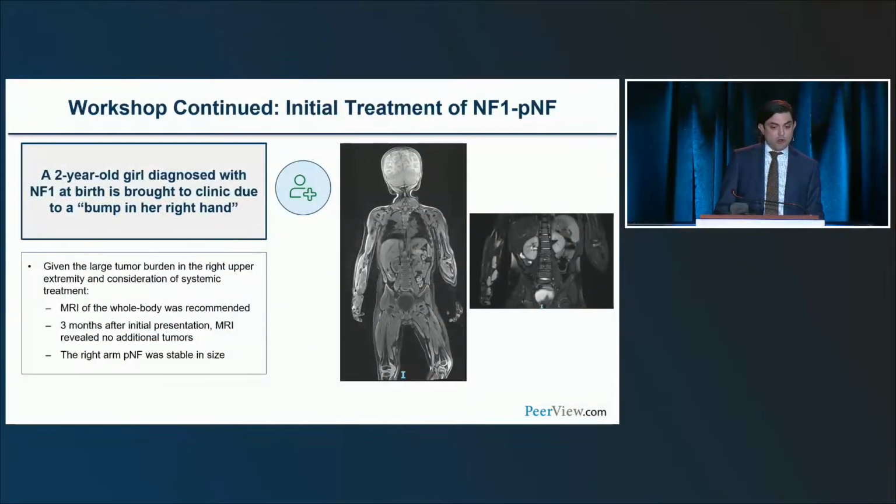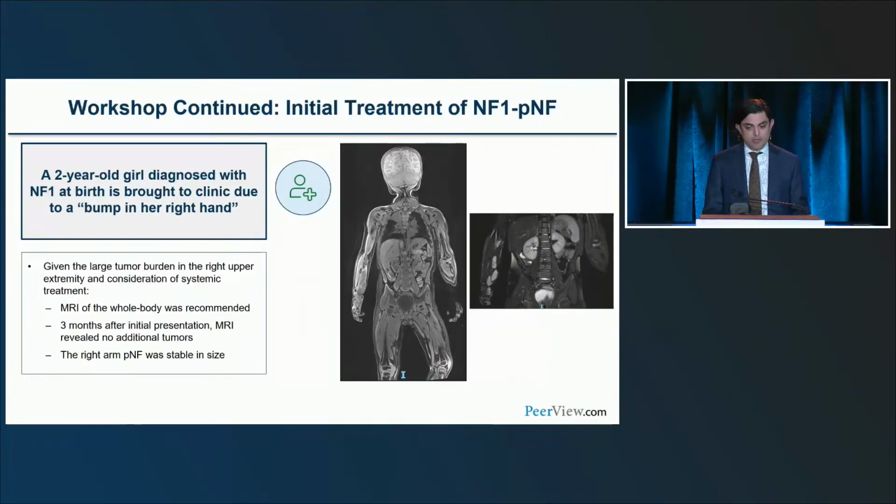Given her large tumor burden in the right upper extremity and that she has some symptoms, we were considering starting some treatment. Again, I'll guide you through how we thought about her treatment options. But we decided that if we were going to start treatment, it would be good to stage her tumor burden and see whether she had other plexiform neurofibromas in other places that we would monitor as she is treated.